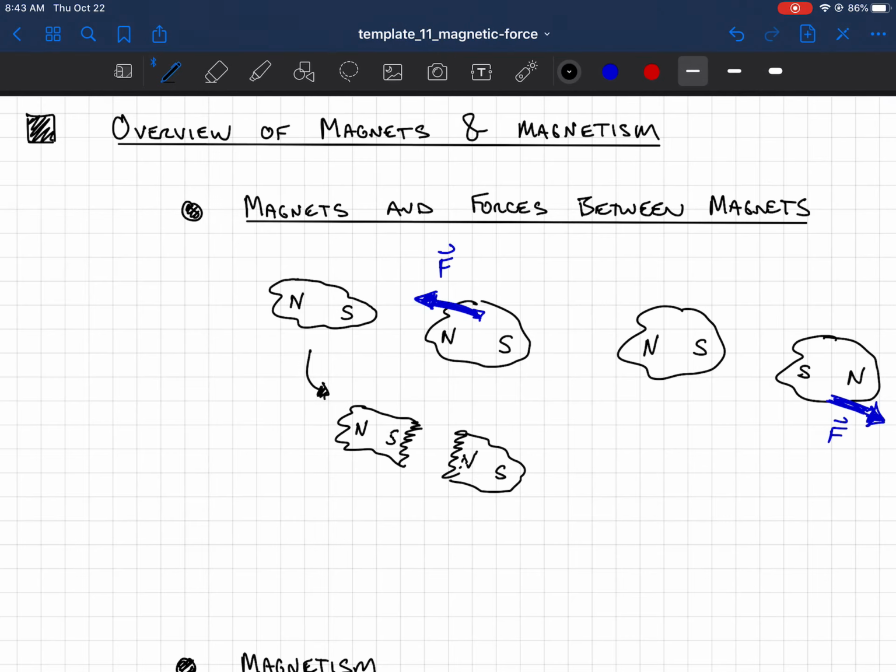So the magnet lives on, and it also will still have that dipolar feature. It will have two poles to it. And of course these two magnets here would attract each other, sort of put them back together again. So those are forces between magnets, and that was just sort of an observation that was made.